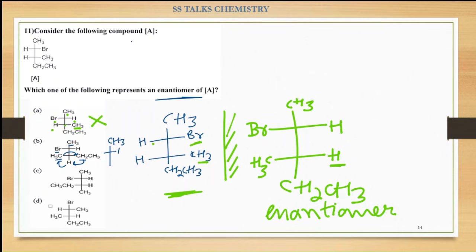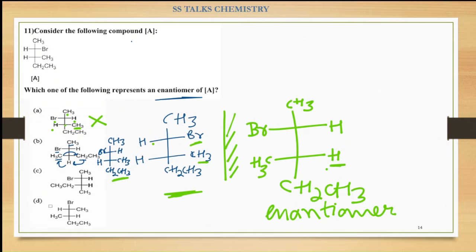CH3, here the H, here the Br, and here the methyl group has come to this particular position. The ethyl group has gone to this side, and this is my hydrogen. Now try to tell your answer. Again, you are not encountering the exact mirror image. The methyl group is at the bottom, but the methyl and ethyl are at opposite positions.